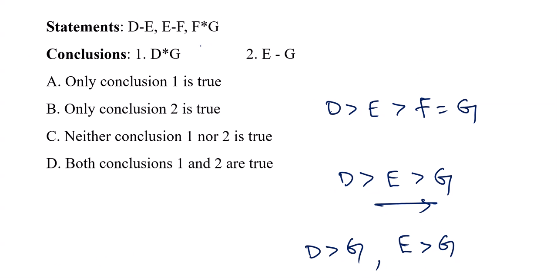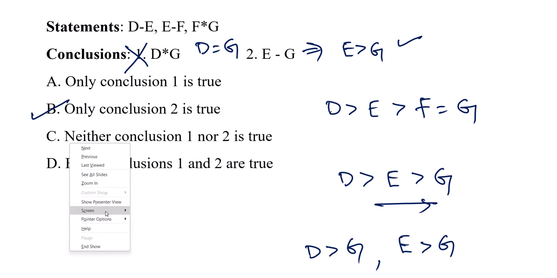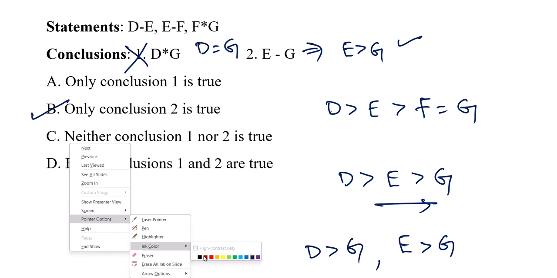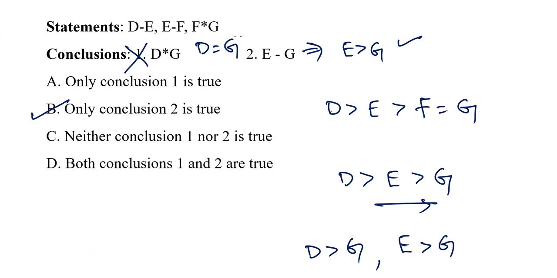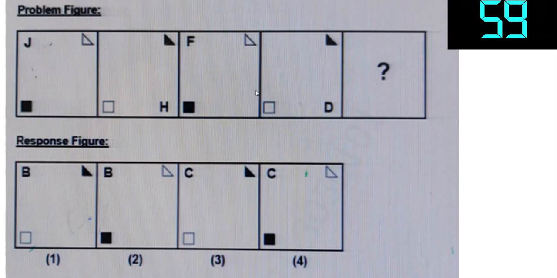Star is nothing but equal. D equal to G is wrong. We want D greater than G, first one out. Okay. This symbol represents greater. E greater than G, correct. So only conclusion 2 is true. Greater than, less than, you observe they given some symbols, we need to just map it. So second conclusion holds good, right? This first question, image based question.